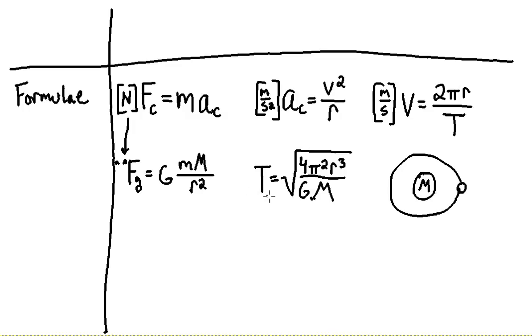This period right here is talking about the time that it takes for the smaller mass to move around the larger mass. So that's why I'm using uppercase M in these two equations. It's just easy to associate something that is more massive with the letter that is capitalized. So this lowercase m and this lowercase m right here, this is the mass that is doing the moving. And it's being attracted by the larger one that's causing it to move in a curved path. So keep that in mind. It might throw you off tomorrow or Thursday.